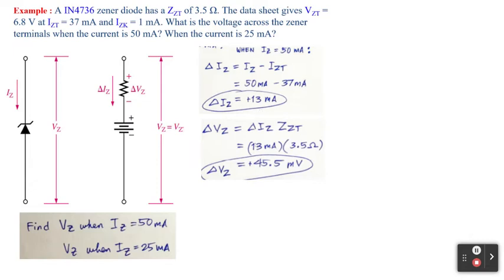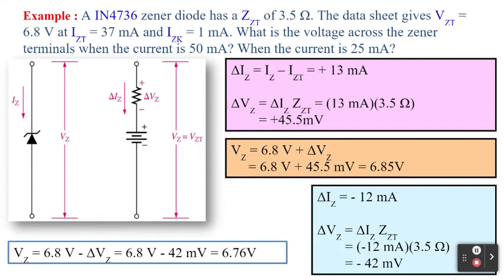So that will be 13 milliamperes multiplied by the ZZT, which is 3.5 ohms as given in the question here. 3.5 ohms, then we will be getting 45.5 millivolts.